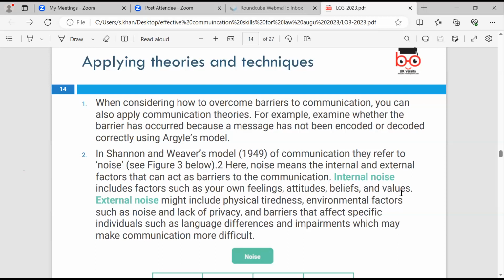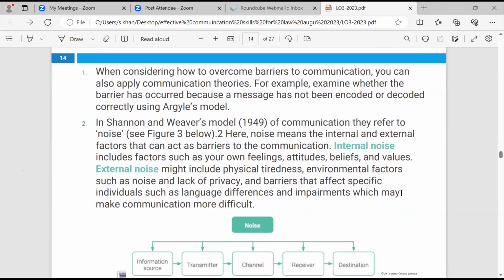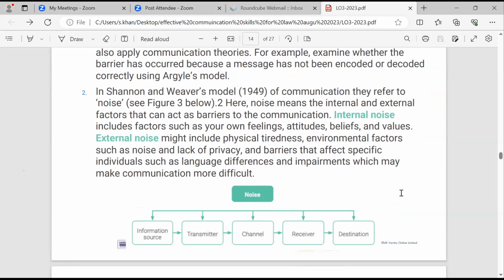Here, noise means that internal and external factors can act as barriers to communication. Internal noise includes your own feelings, attitudes, beliefs, and values. External noise might include physical tiredness, environmental factors such as noise and lack of privacy, and barriers that affect specific individuals such as language differences and impairments, which make communication more difficult.